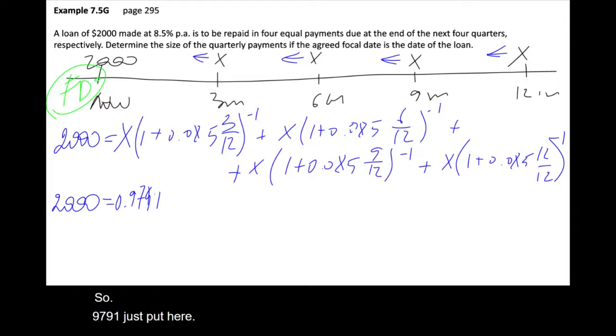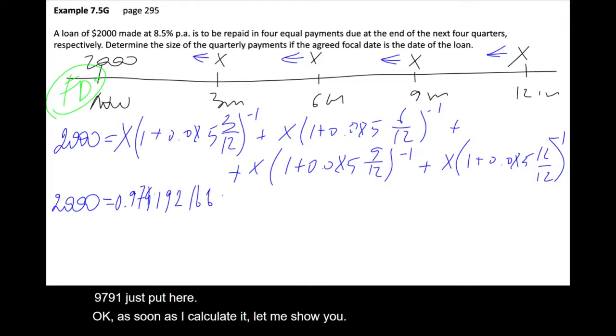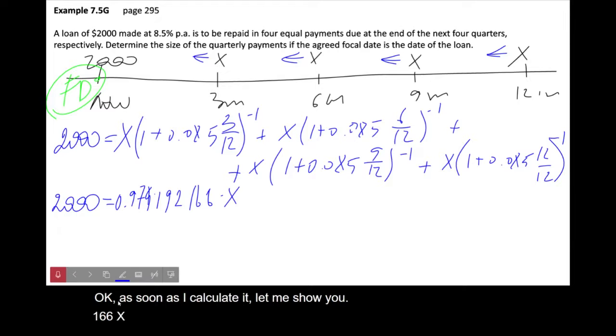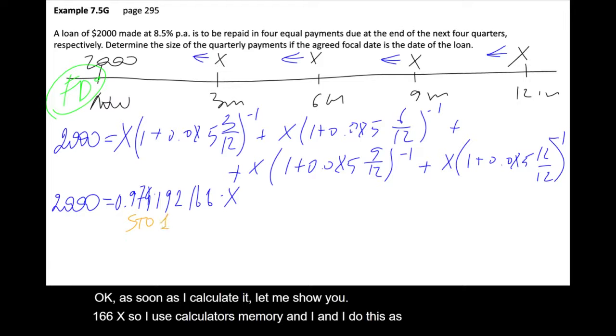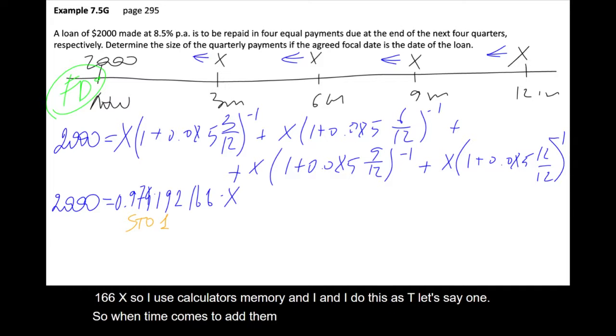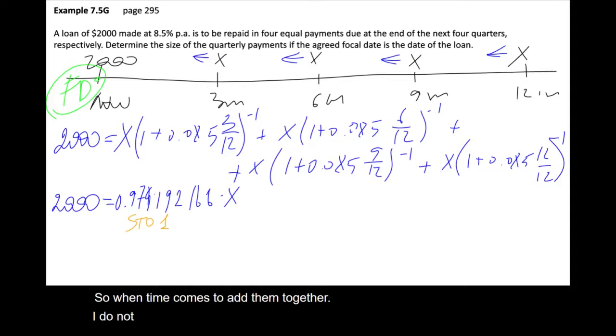Okay, as soon as I calculate it, let me show you. So I use the calculator's memory, and I do this STO, let's say 1. So when time comes to add them together, I do not key them back manually.